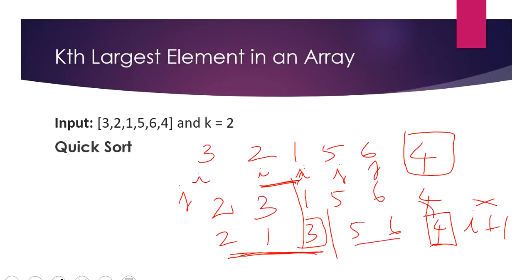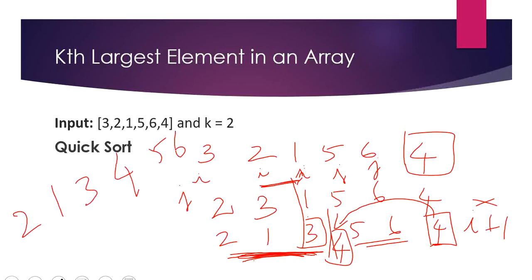So now we are going to put it in its exact position, because the positions within these parts change, but the fourth position will not change, because once it is placed here, the numbers greater than it are there and less than it are there. So this is the final position. So at the end of iteration 1, the array looks like this: 2, 1, 3, 4, 5, 6.